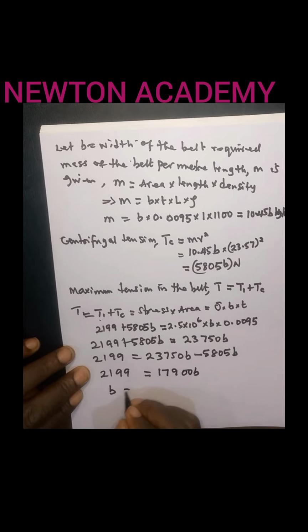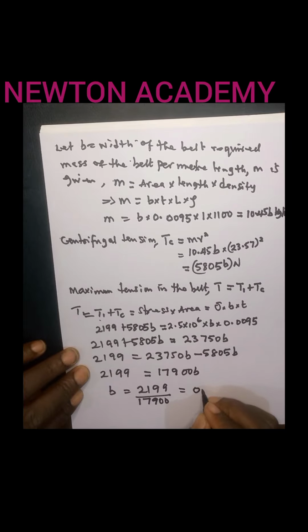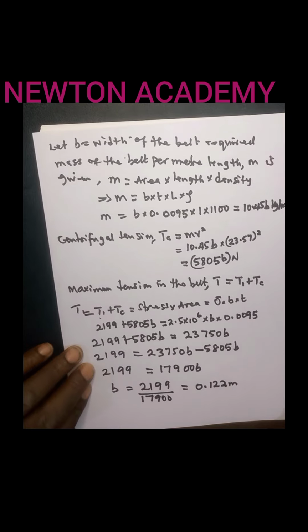We have B is equal to 2199 divided by 17900, and this will give us 0.122 meter. Thank you very much for listening.